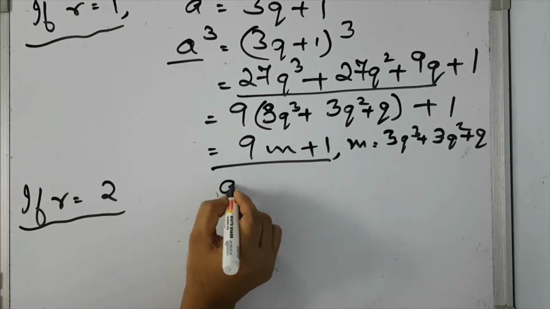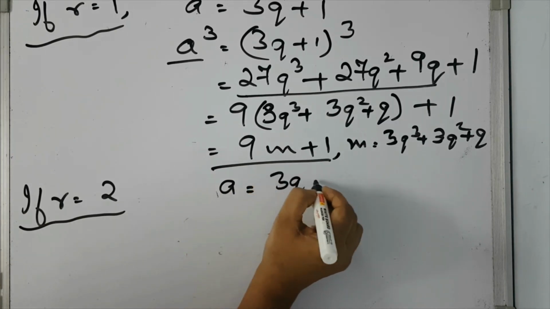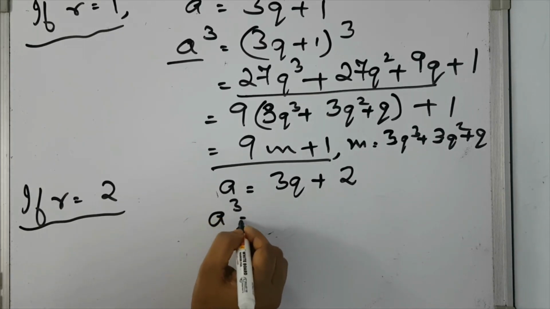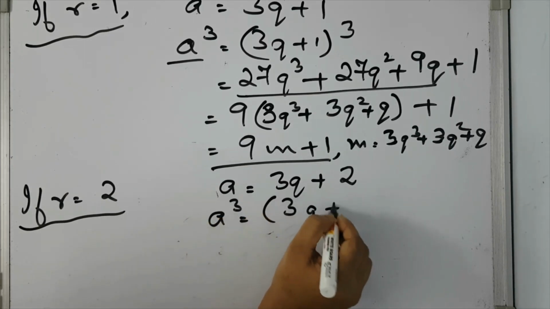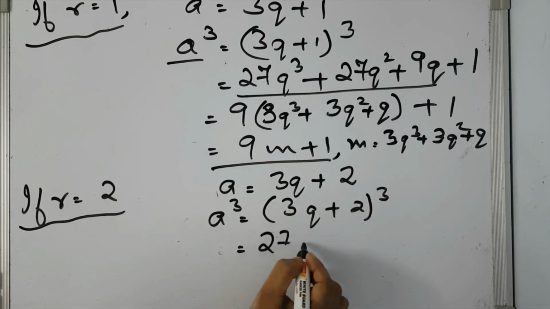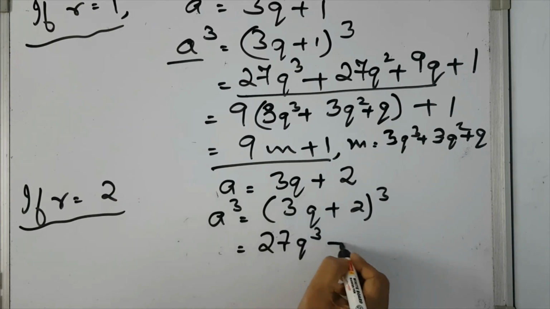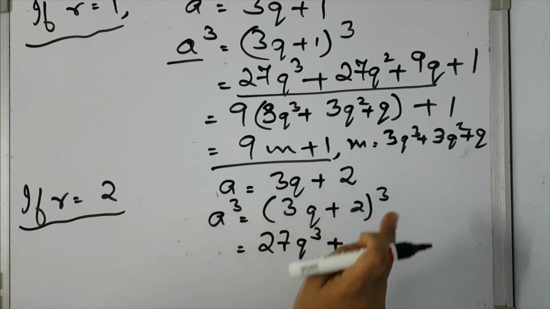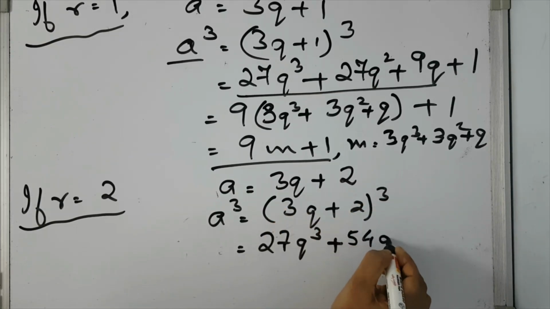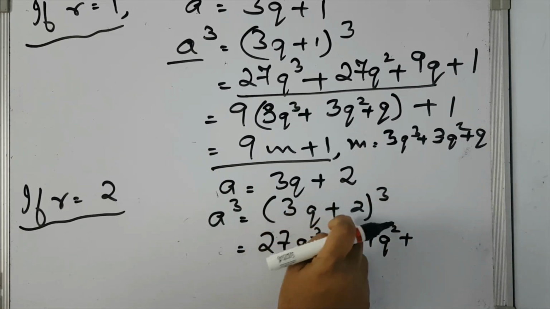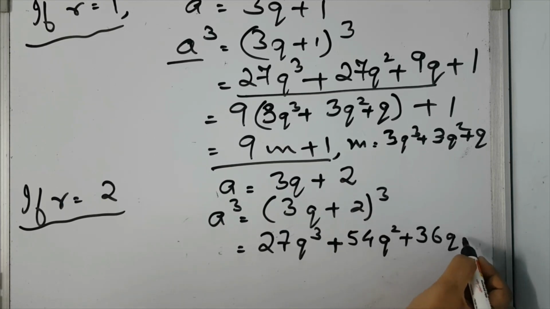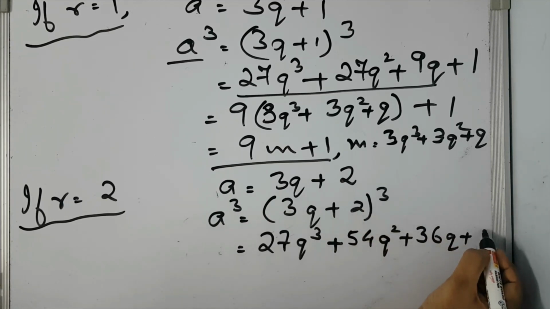So what will happen? a is equal to 3q plus 2. So a cube will be 3q plus 2 the whole cube. If you cube it, it will come 27q cube plus 3a square b: 3 9s are 27 into 2, 54q square, plus 3ab square: 4 3s are 12, 12 3s are 36q, plus 2 cube, which is 8.